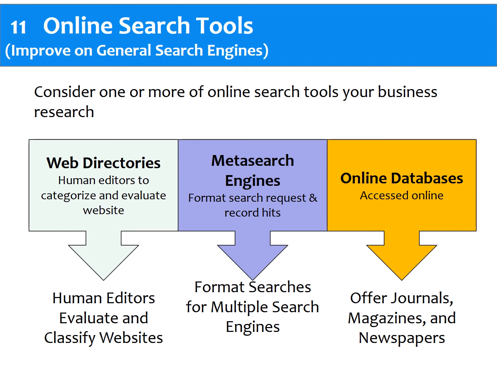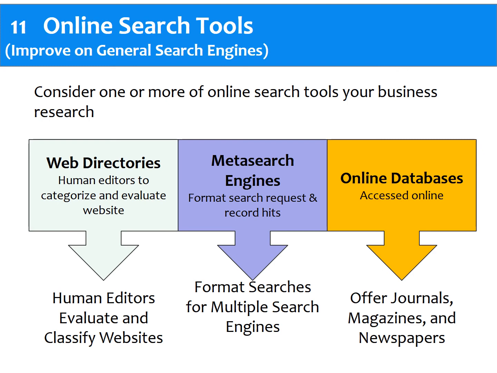We have three: web directories, meta search engines, and online databases. Web directories are actually updated by people, human editors. They categorize information and they evaluate websites. So these are credible. We can include this in developing our proposal or report.